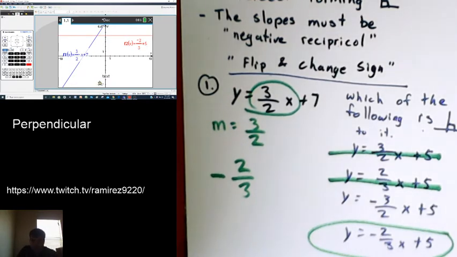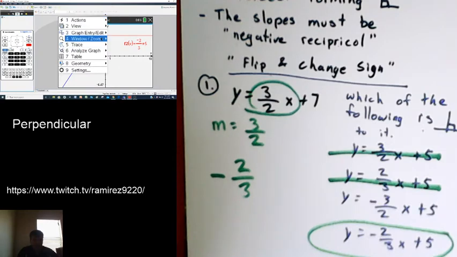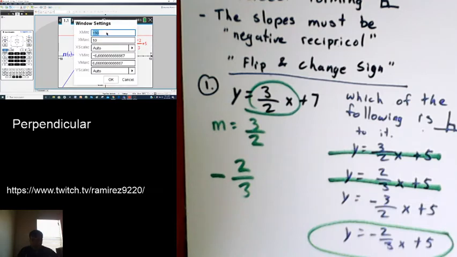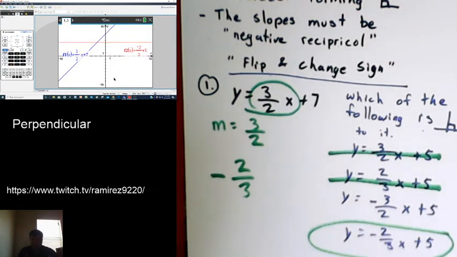So again, we have this 3 over 2. Okay, and I know it doesn't look like it just by looking at it because of the scale. So let's go ahead and just look at the scales here really quick. Window settings, and let's just do 10 and 10, and just to keep everything proportional, 10, 10, auto, okay.